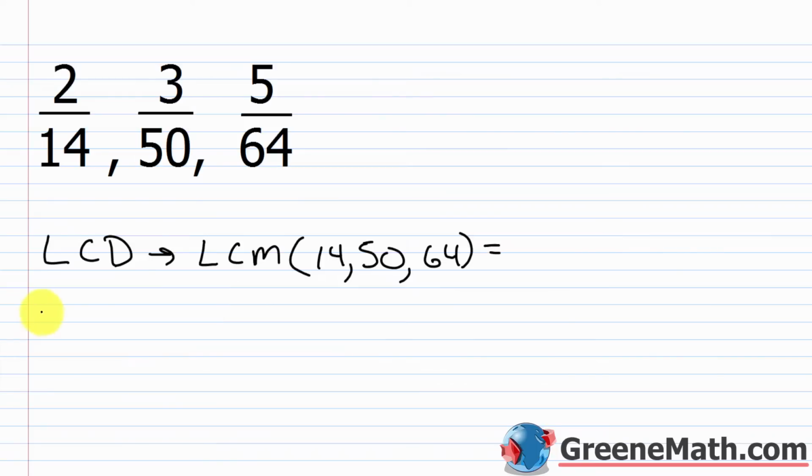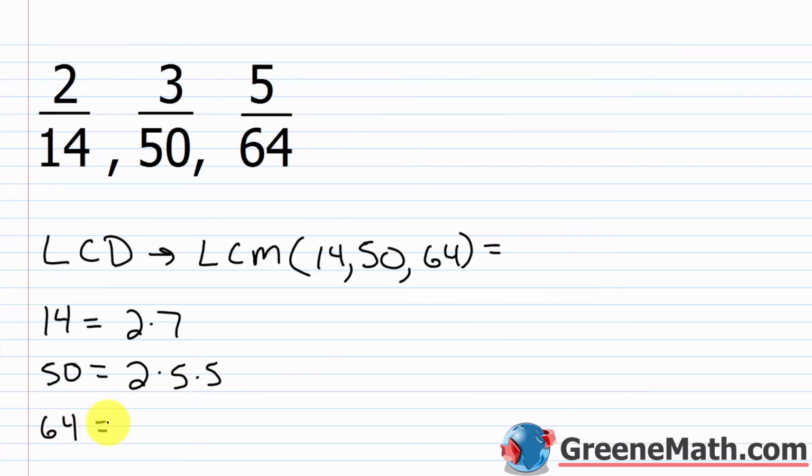So we're going to factor each number. 14 is easy, it's 2 times 7. 50 is easy, it's 25 times 2, so I'm going to put 2 times 5 times 5. And then 64 is 6 factors of 2, so 2 times 2 times 2 times 2 times 2 times 2. You just think about it as 8 times 8, or 6 factors of 2.